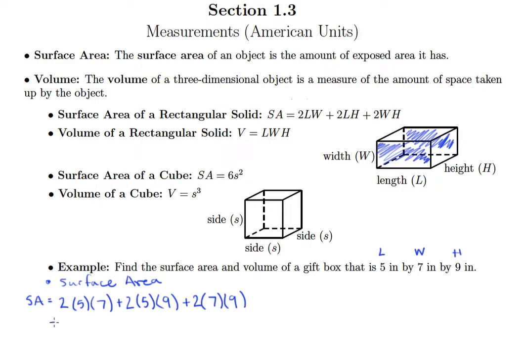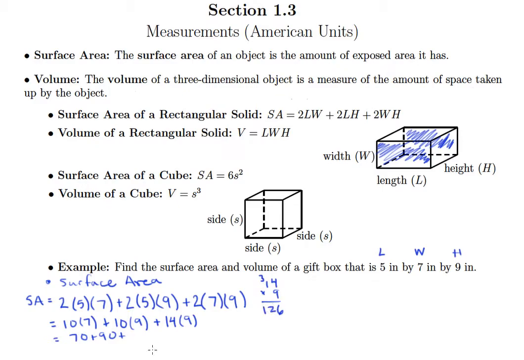So then we just need to do a lot of simplifying. So I have 2 times 5 is 10. Write that 7 again, plus 10 times 9 plus 14 times 9. So it looks like we have 70 plus 90 plus, and then 14 times 9, I think I need a little bit of scratch work here.